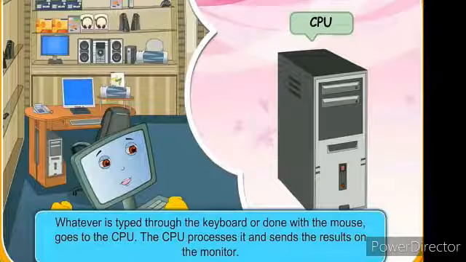Whatever is typed through the keyboard or done with the mouse goes to the CPU. The CPU processes it and sends the results to the monitor.